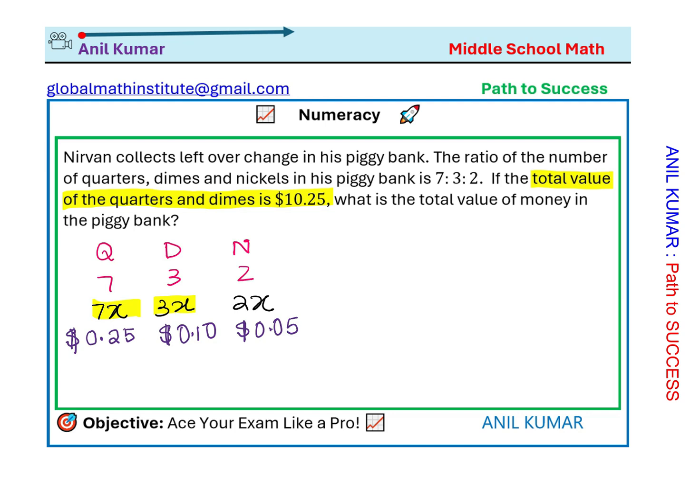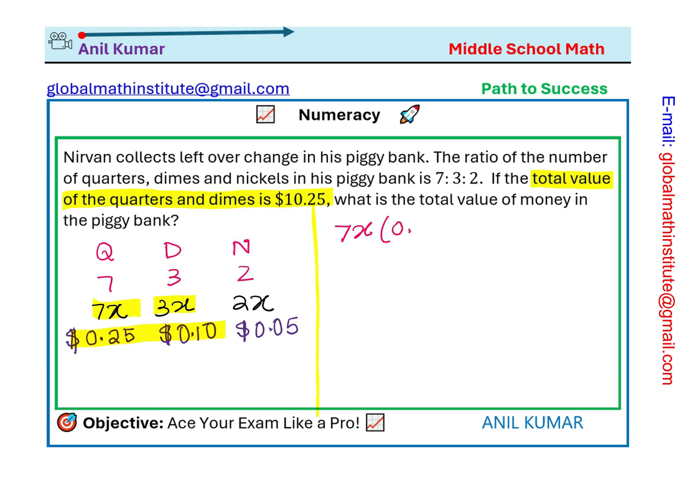Now, if there are 7x quarters, what is the value? Let's write down the value of quarters and dimes, since that is given to us. 7x is the number and the value of each quarter is 25 cents.